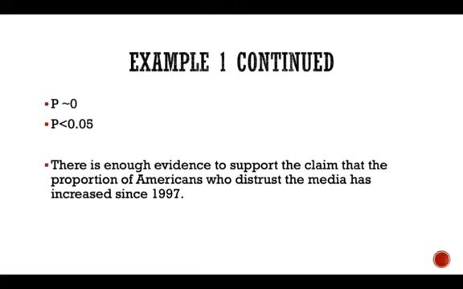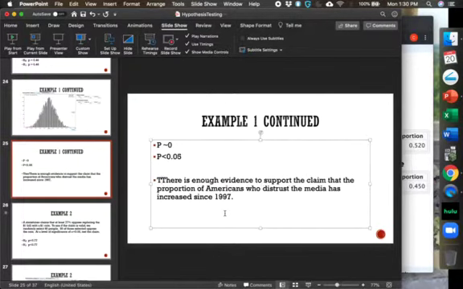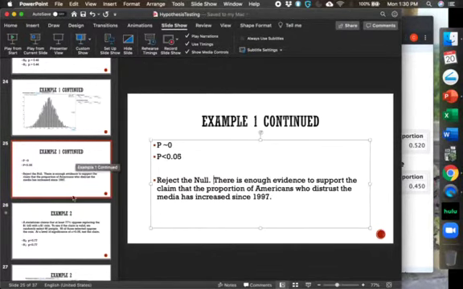There is enough evidence to support the claim that Americans' distrust in the media has increased. So I would first say we reject the null hypothesis. There is enough evidence to support the claim that the distrust in the media has increased.